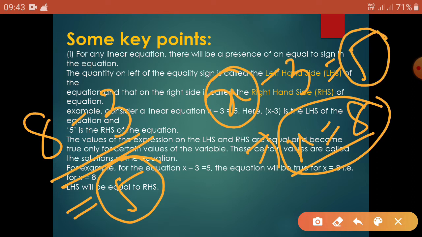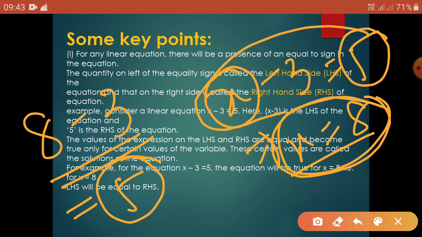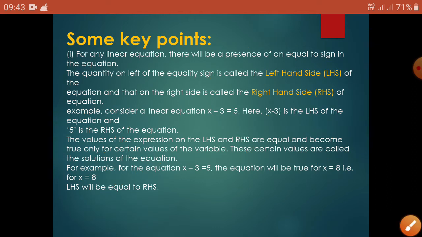So both sides are equal, so we can say that x equal to 8 is a solution of this equation x minus 3 equal to 5. So we can check the value also. Okay, I think it is clear.